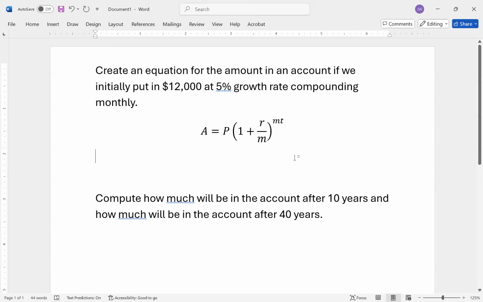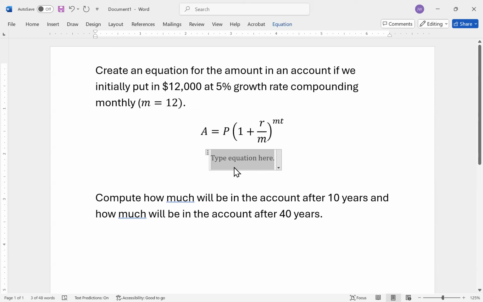If we want to create this equation, since we're compounding monthly, monthly is 12 times per year. So that's M equals 12. My initial amount, which we call our principal, is 12,000.